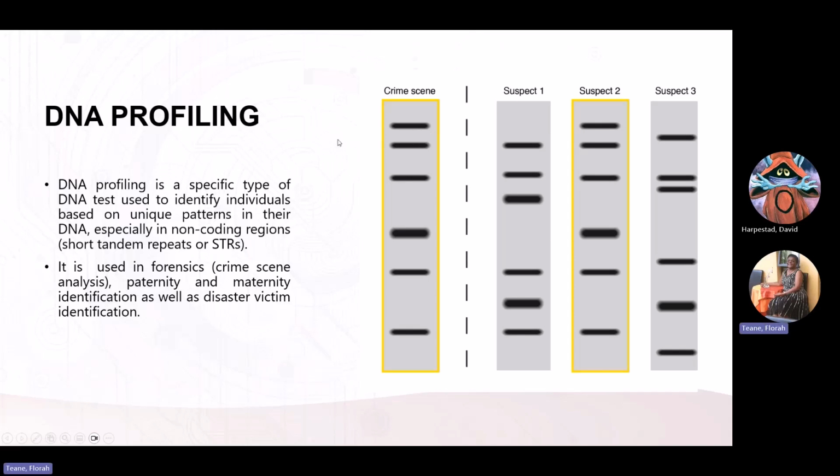If, for an example, there's a woman who has been raped, and then they collect semen, and there are 1, 2, 3 suspects brought forward, to say one of them or all of them might have raped this woman. What they do is they collect semen from the woman and check this short tandem repeat. They look at this DNA pattern.